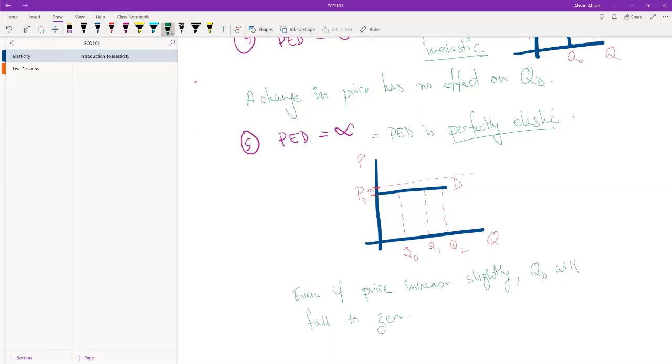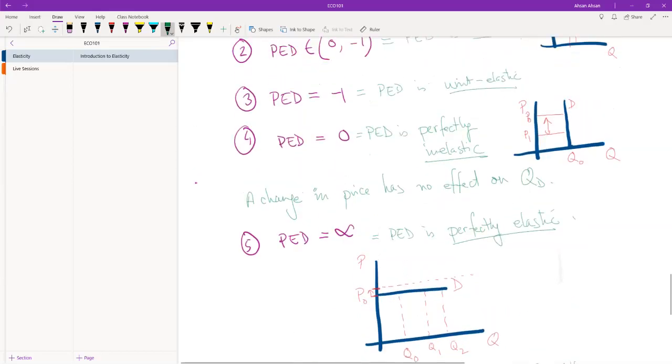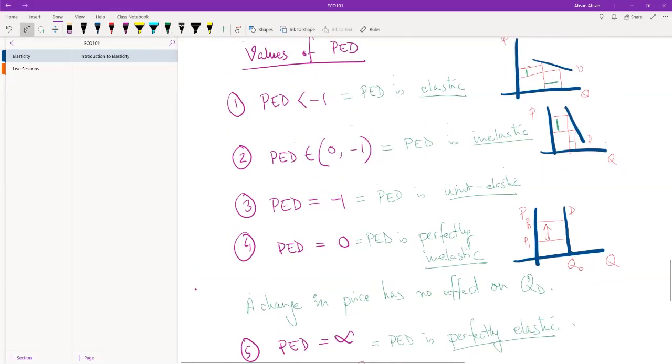Okay. And so this is perfectly elastic. Quantity demanded is very responsive to a change in price. Whereas in number 4, what we saw was that quantity demanded, or the demand curve, was not responsive to price at all. It was perfectly inelastic.